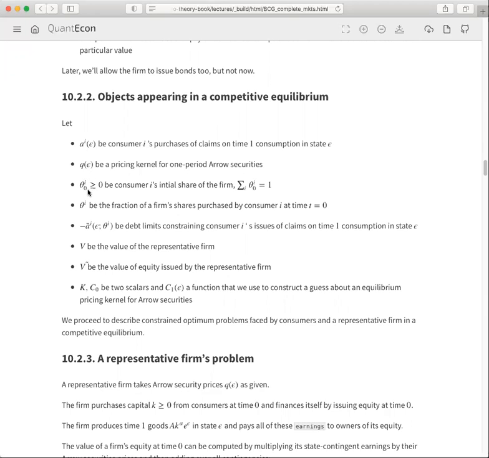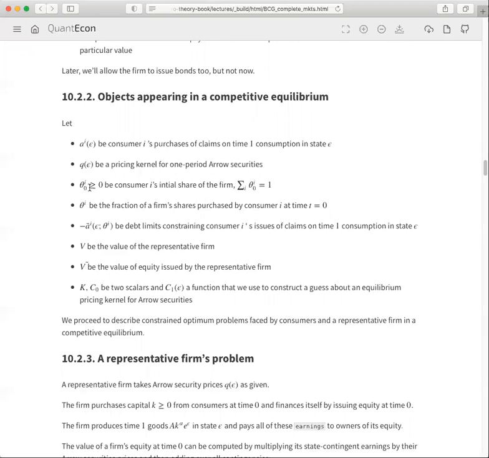I'm going to let theta 0I, like I said before, be consumer I's initial shares of the firm, and they add up to 1. I'm going to let theta superscript I be the fraction of a firm's shares purchased by consumer I at time 0.